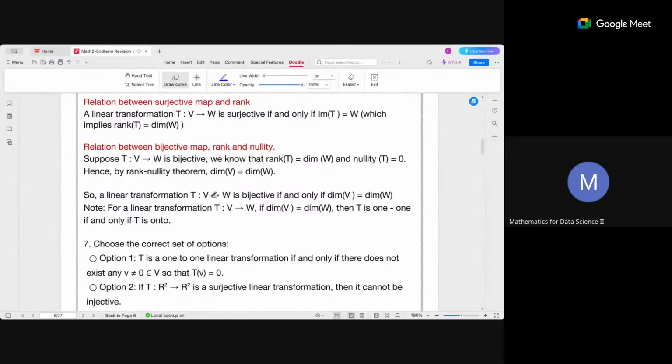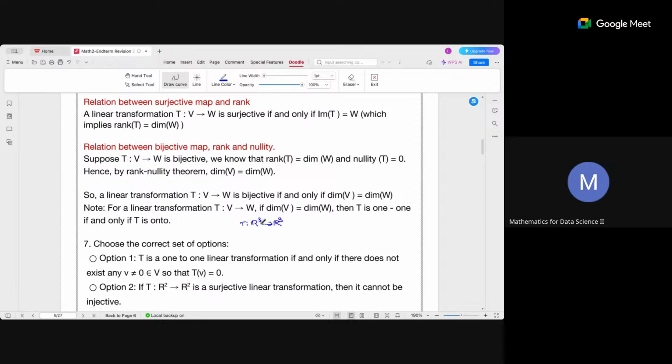Okay, and one more condition. If you have a linear transformation and you already know that the dimensions are same, then T is 1 to 1 if and only if onto. Suppose you know that the dimensions are same and you know that already either one of this condition exists, then automatically the other one will also exist. Let us say for example, T from R3 to R3.